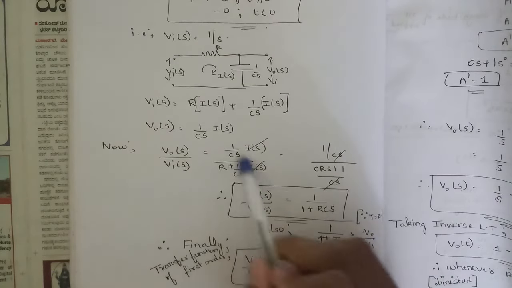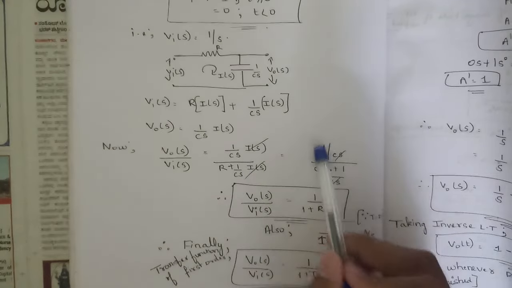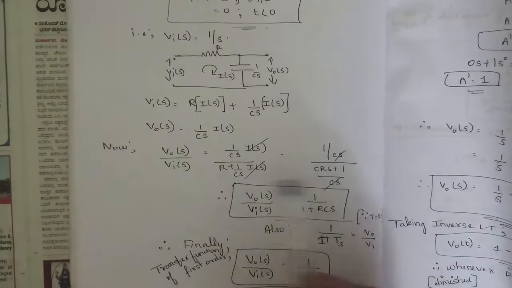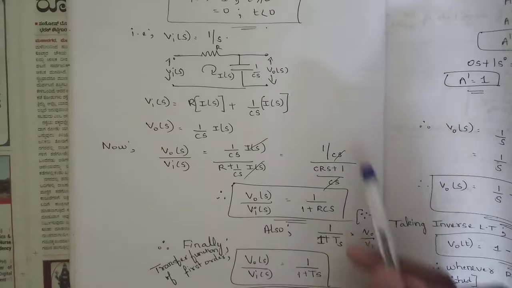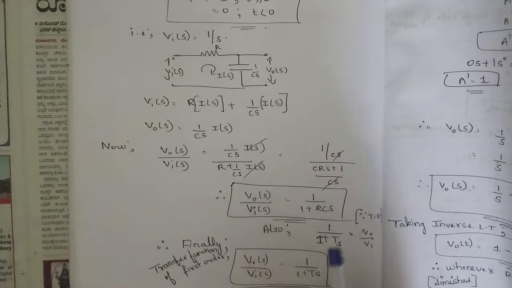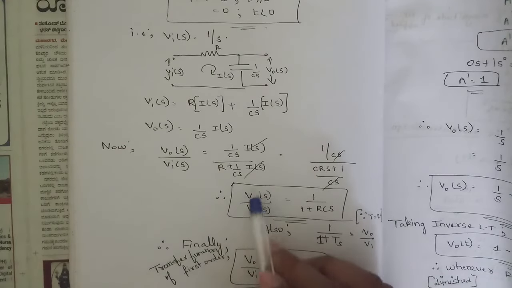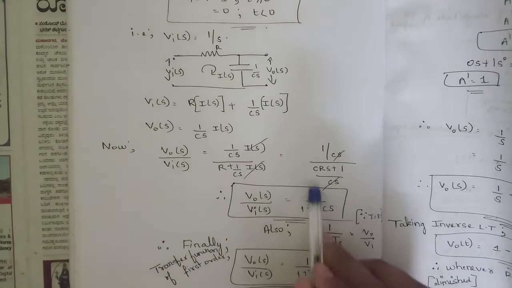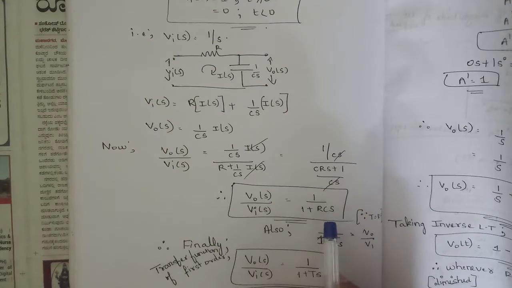In the denominator, take the LCM: 1 by Cs divided by (RCs plus 1) divided by Cs. Here Cs gets cancelled. So the transfer function V out by Vi is 1 divided by 1 plus RCs.